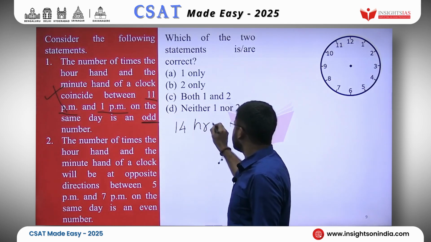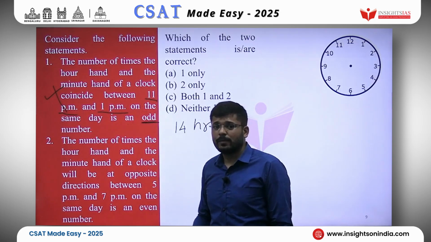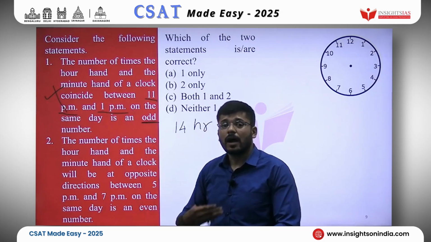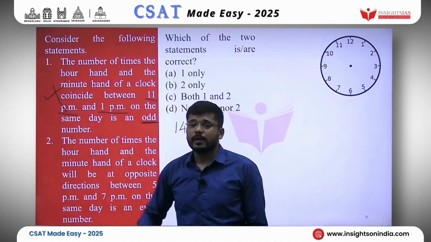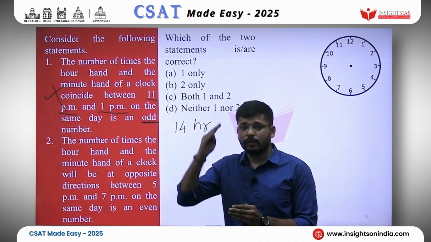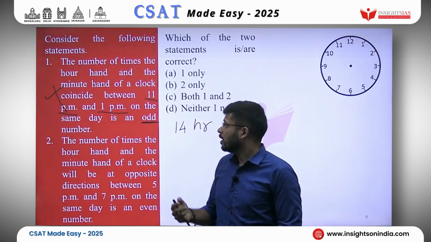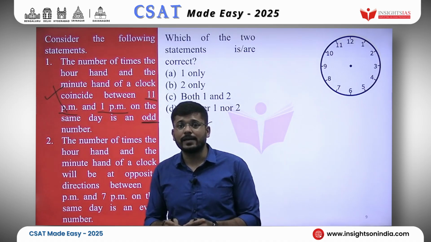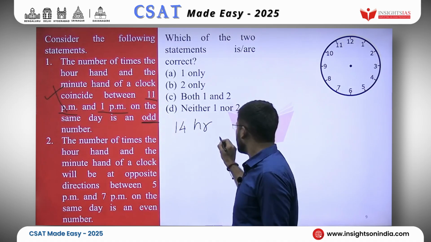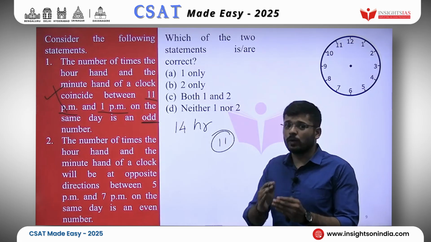14 hours. Because 11 p.m. is night time 11, right? And 1 p.m. is afternoon 1. So, from 11 p.m. to 11 a.m., from night time 11 to morning time 11, how many times would the minute hand and the hour hand coincide? That would be 11 times, right? Because for 12 hours, 11 times they coincide.